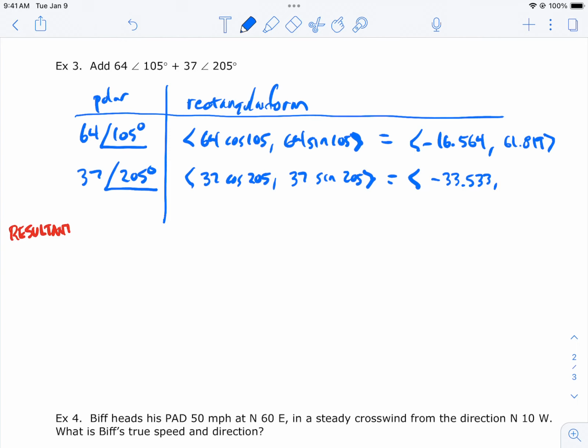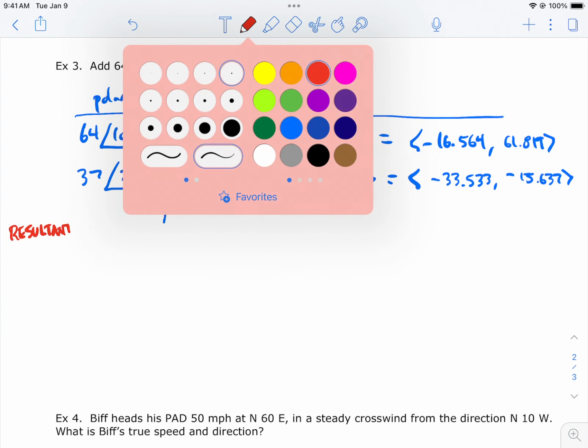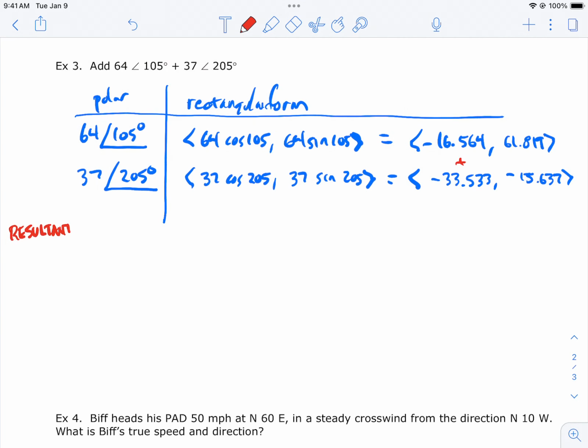And then the 37 sine 205. Now I'm getting a negative 15.637.